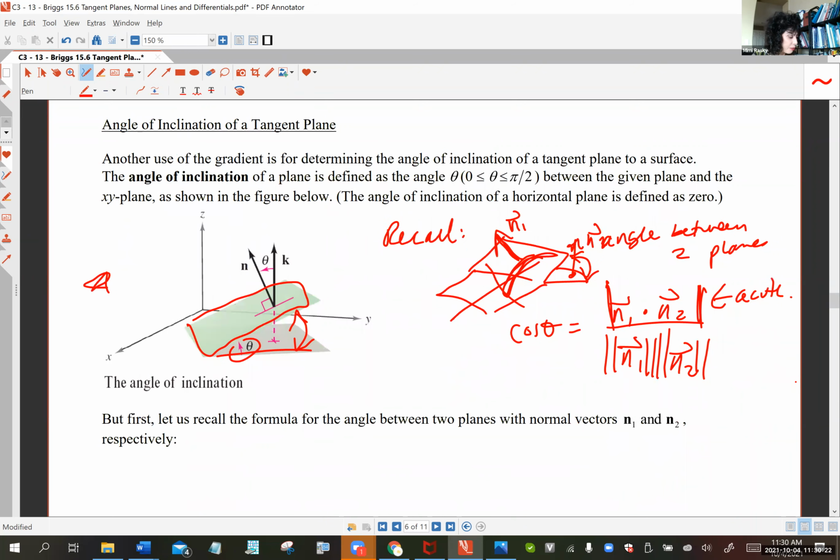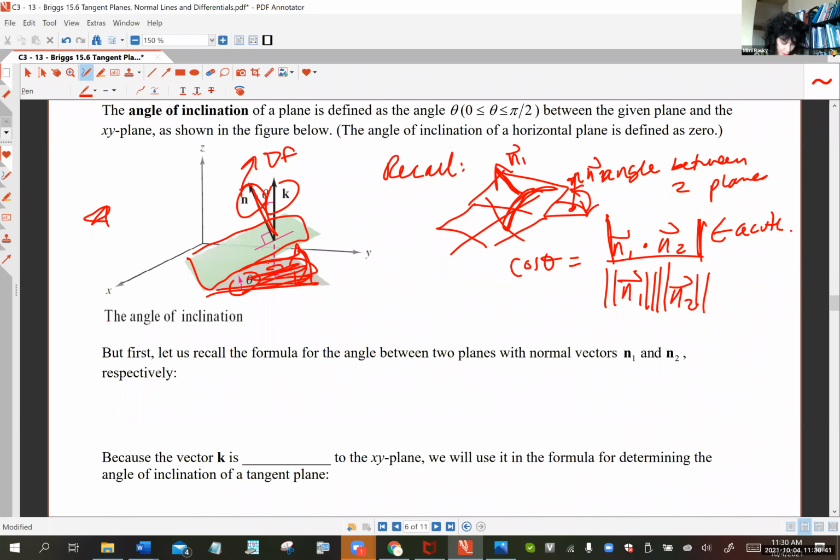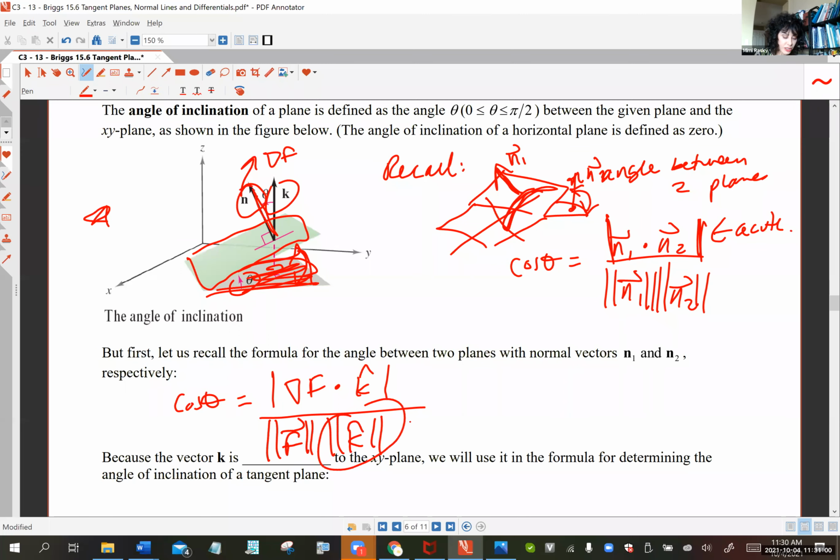So what are we doing here? The angle of inclination of this tangent plane: we'll first get this normal vector, which is essentially del big F. And for the flat plane, the XY plane, an obvious normal vector is k hat. So cosine theta, the angle of inclination of our tangent plane, is the absolute value of the dot product of del big F with k hat, divided by the product of their magnitudes, except k hat's magnitude is always 1.